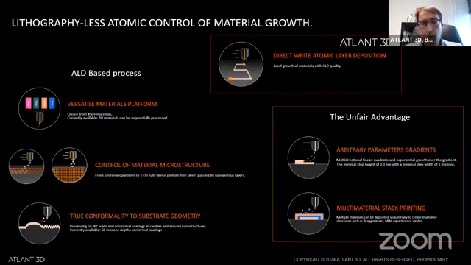And essentially combining those two enables us to make arbitrary parameter gradients, which you'll see as a great advantage in material science, in optics, and in other markets, and also to make multi-material devices, so real semiconductor printing.